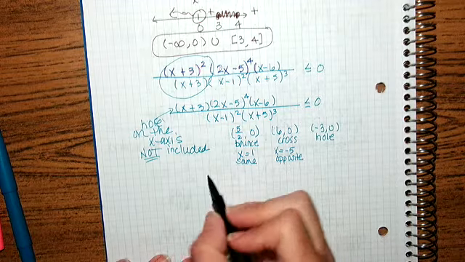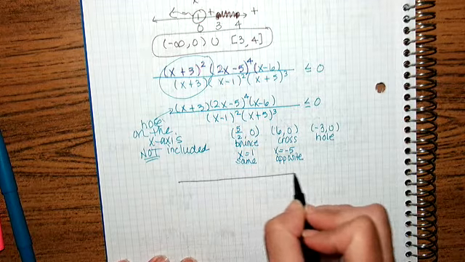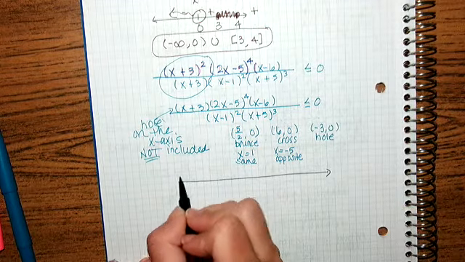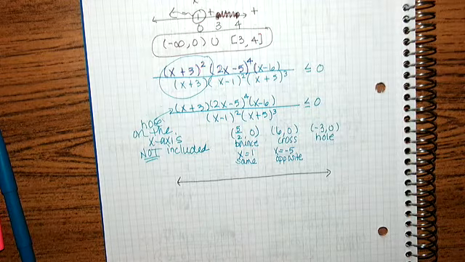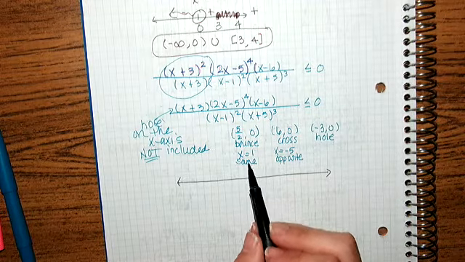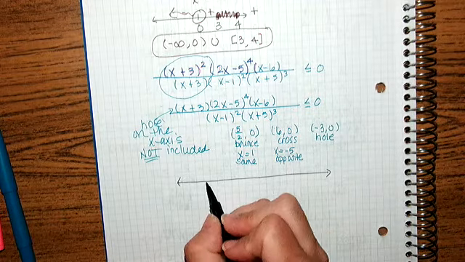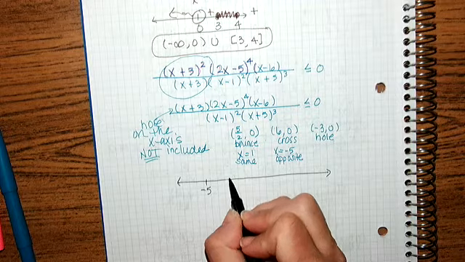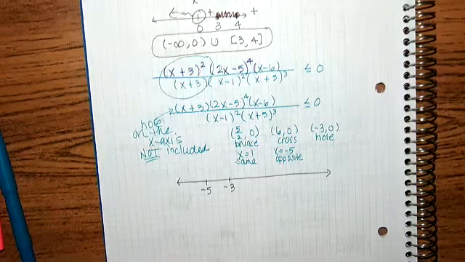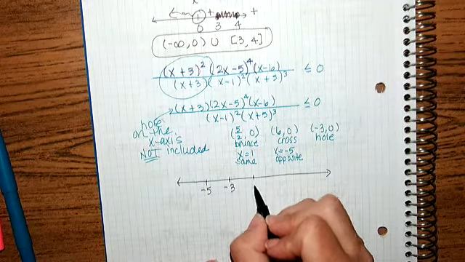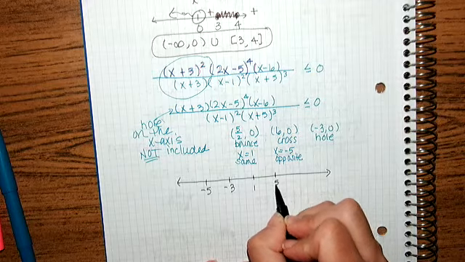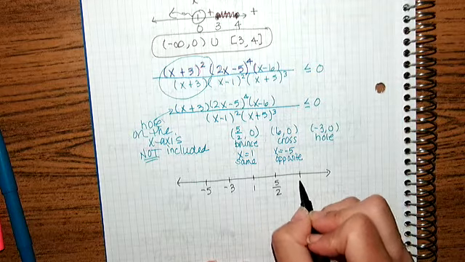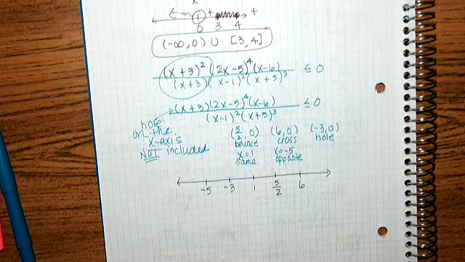Here we go. Okay, we have -5, -3, 1, 5 halves, and 6.